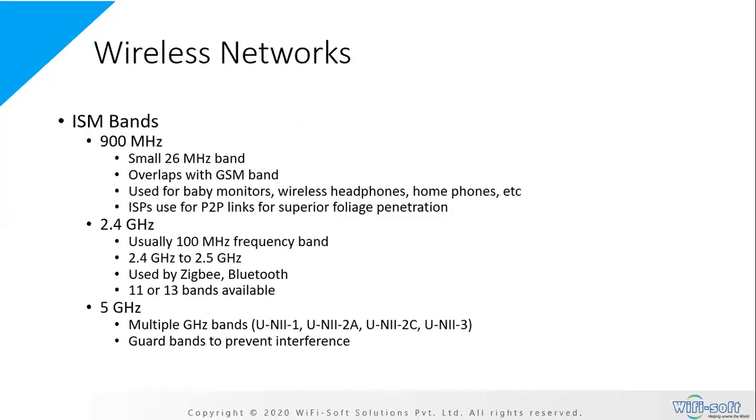Before we get into Wi-Fi, all of us need to understand the concept of ISM bands. As many of you know, Wi-Fi works in a free spectrum, a spectrum for which you don't have to pay any government licenses.